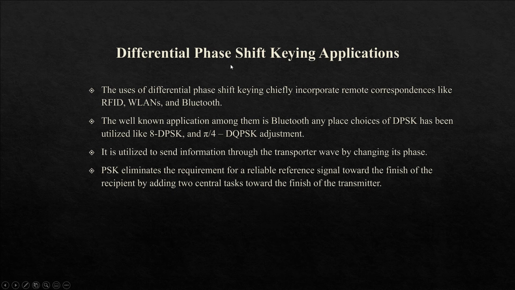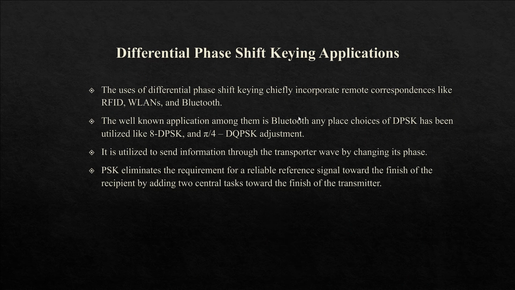Then we move to the differential phase shift keying applications. The uses of differential phase shift keying mainly include wireless communication like RFID, LANs, and Bluetooth. The most popular application among them is Bluetooth, where variants of DPSK have been utilized, like 8 DPSK and pi/4 DQPSK modulation.